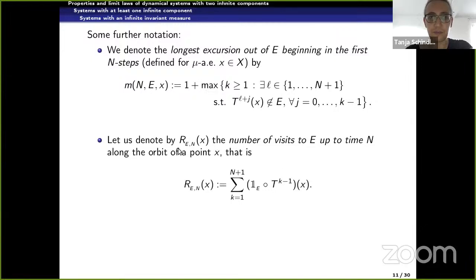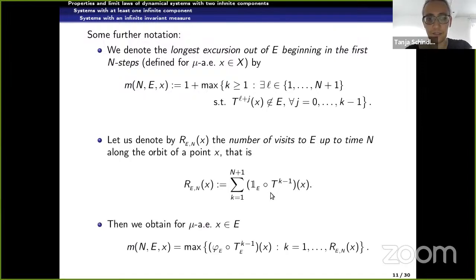If we denote by REN the number of visits to E up to time n, so we can basically denote it as a Birkhoff sum of the indicator function of E composed with T, then this quantity m can be seen as the maximum of the return time composed with the induced transformation if we sample from 1 to this quantity REN.